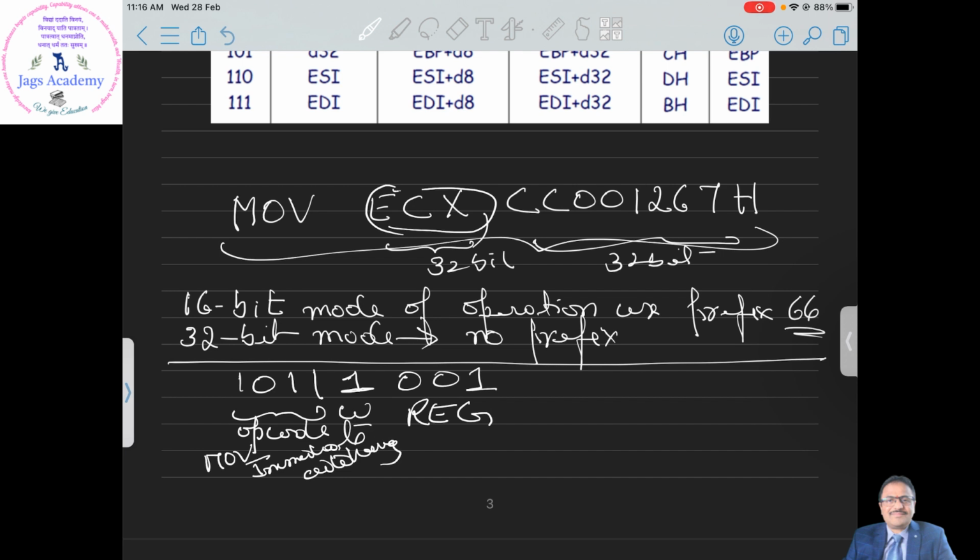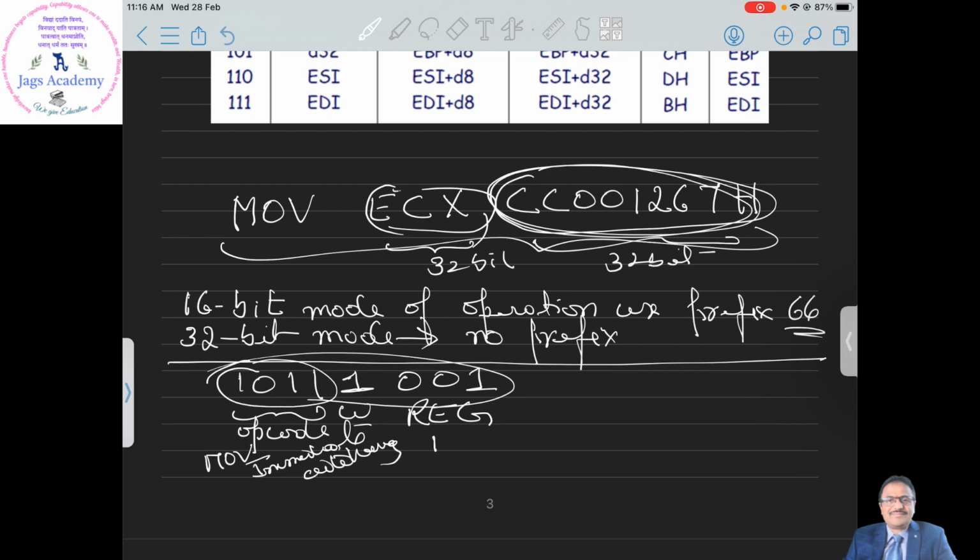Right? So you got this 8-bit instruction. Then comes your immediate data. So immediate data you try to append to this. So what is the hexadecimal value for this? This is going to be B, and this is 9, B9.